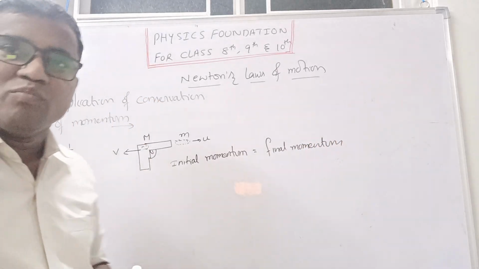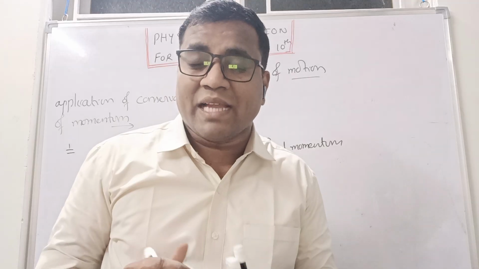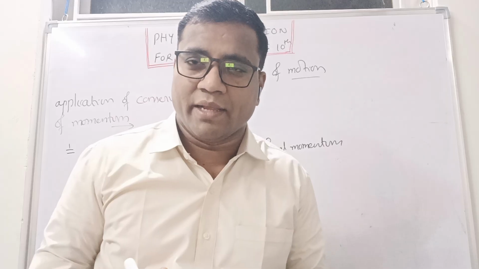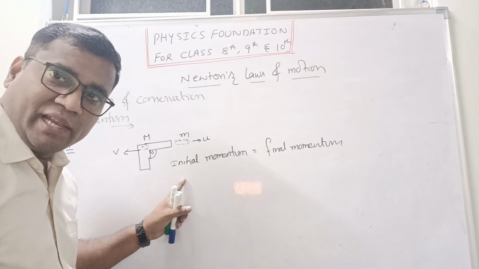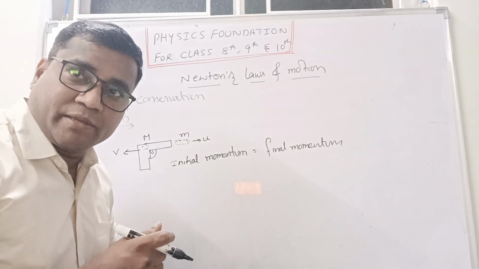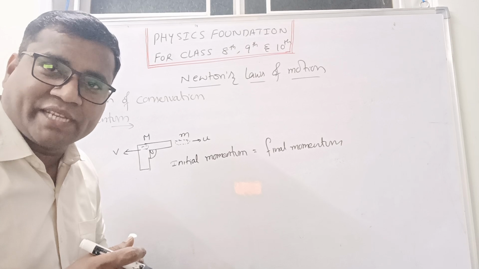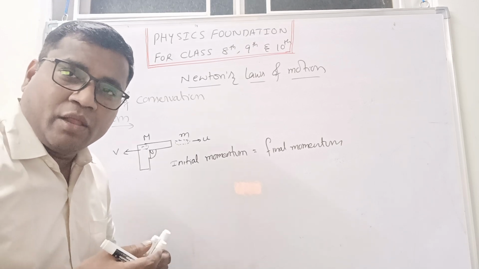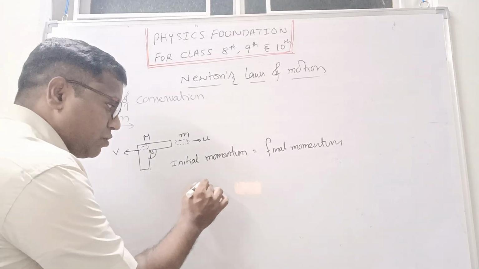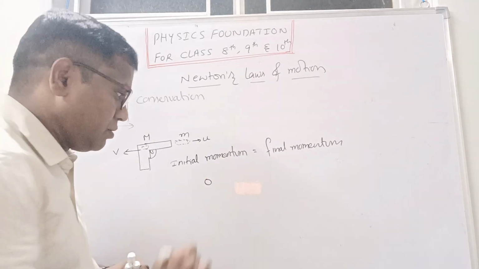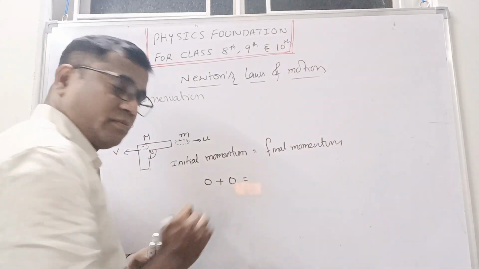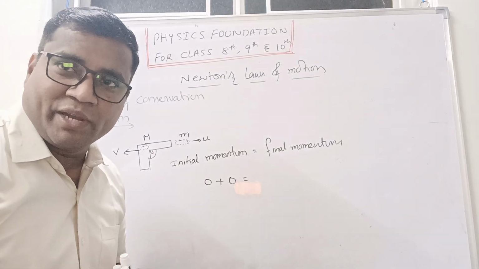Momentum is the product of mass and velocity, the mv formula. Initially both gun and bullet are at rest, so the momentum of the gun is 0, plus the initial momentum of the bullet is also 0.